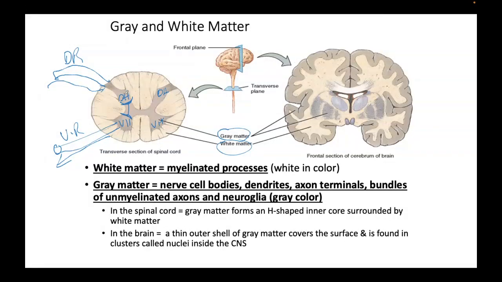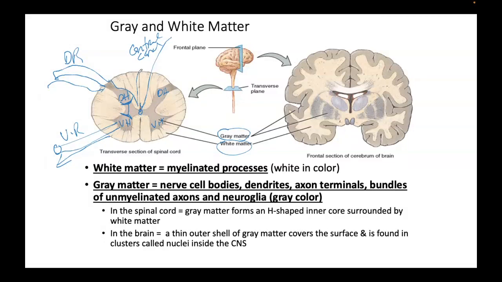That's the relay man that connects the sensory info to the ventral horn where the motor output goes. And right here in the center, there's a little hole, and that's called the central canal, and cerebrospinal fluid flows through there to help bathe and cushion the spinal cord.